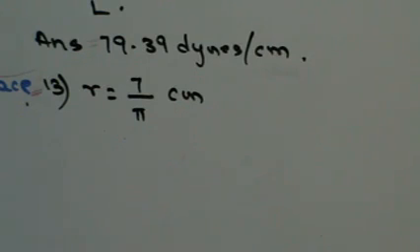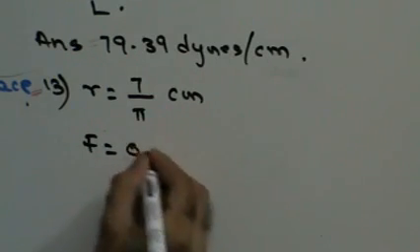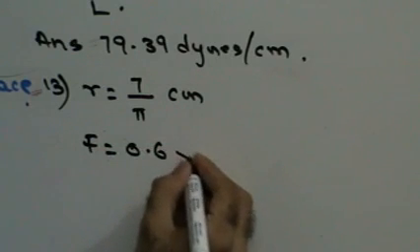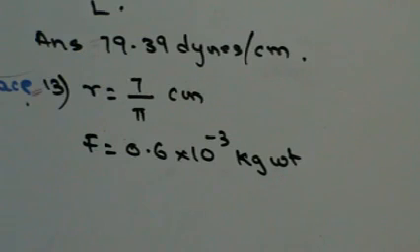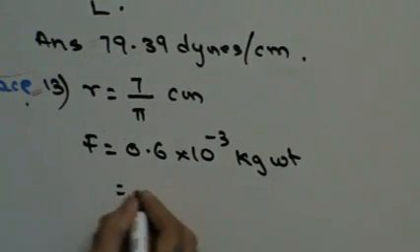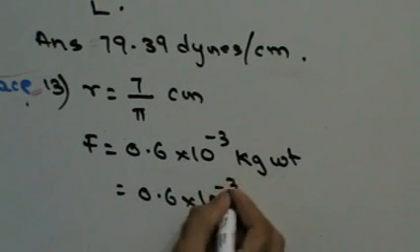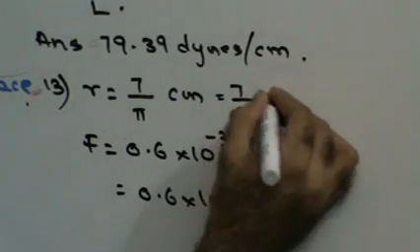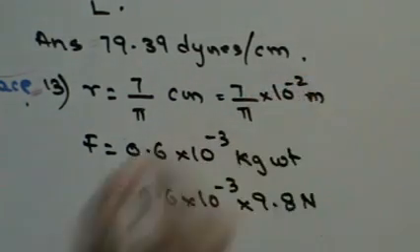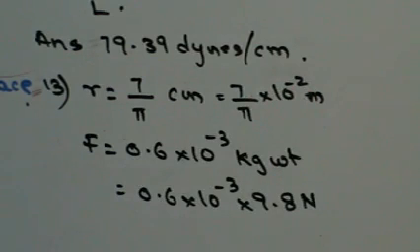The pull on the loop is 0.6 into 10 raised to minus 3 kg weight. Right? Calculate the surface tension.